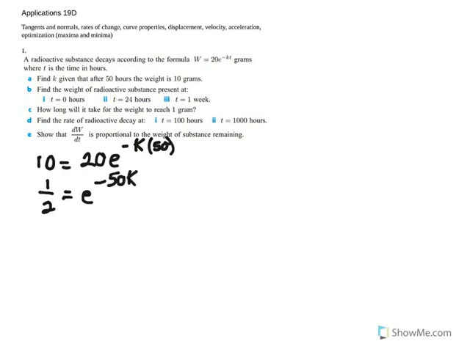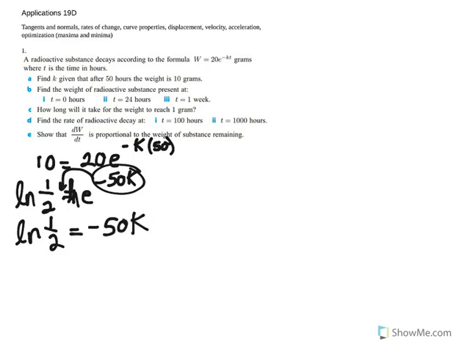And then from there, since I have an e to a power, we want to get rid of that e, so it makes sense to take the natural log on both sides. So therefore, I have the natural log of 1/2. This is an exponent, comes down in front. So that equals negative 50K times the natural log of e, which of course you know is just 1.